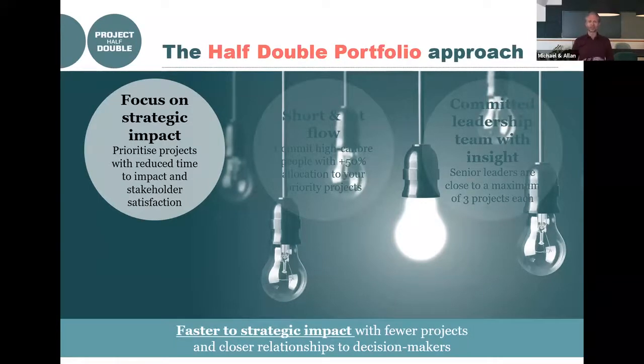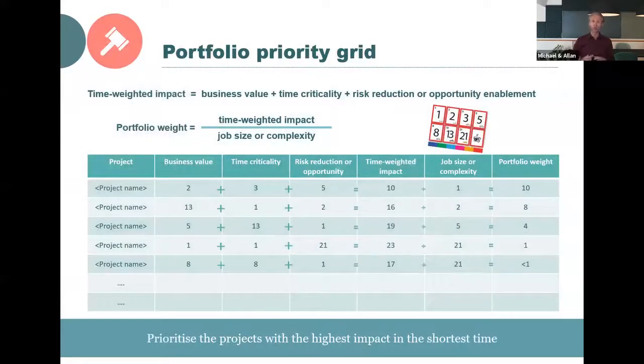What is that? Well, it's all about prioritizing the projects that you have with a reduced time to impact and high stakeholder satisfaction. So making sure that the projects that you do will be the ones that create the most strategic impact. And how do you do that, you might ask? Well, we propose that the portfolio committee prioritize their projects using this grid.